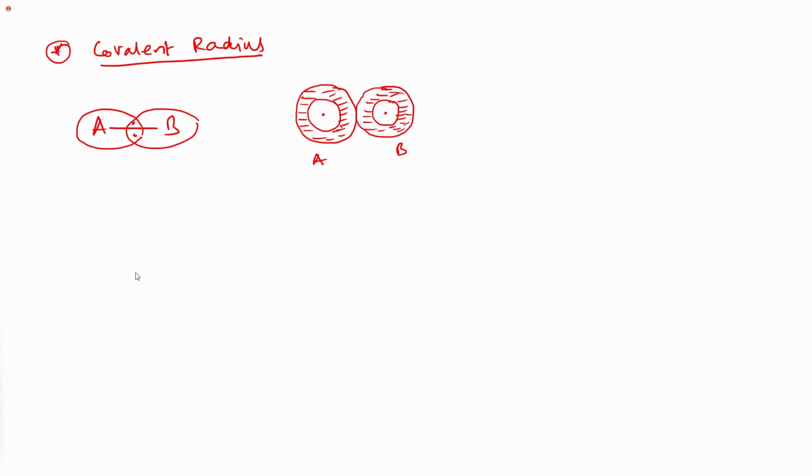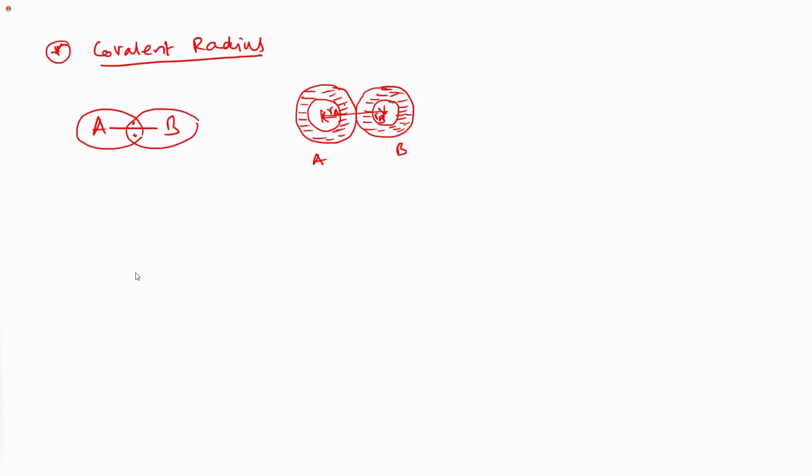So whatever distance is there, this is the covalent bond distance. Now, what is the radius? This is the R of A, and this is the R of B.